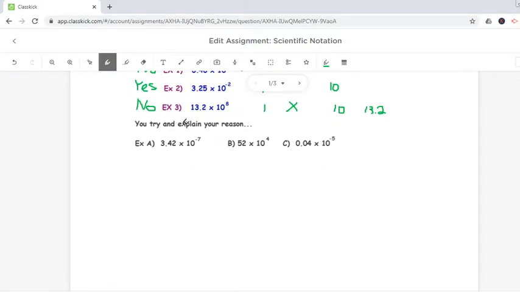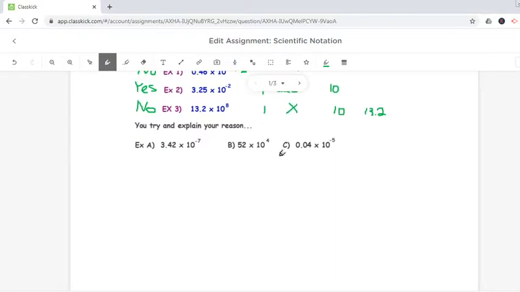You try and explain your reason. Okay, so 3.42 times 10 to the negative 7.